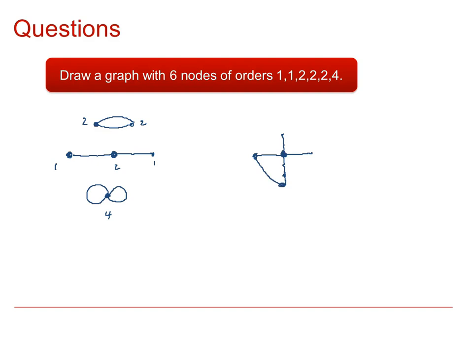If you look at the number of lines we've got, the number of arcs rather, then we've at the moment got 5. So one more to add in, and I can create my graph there. So there's an example of the graph which is connected. Many more examples where that will work. So where we have the 6 nodes with those orders, I'm sure you can find some for yourself.